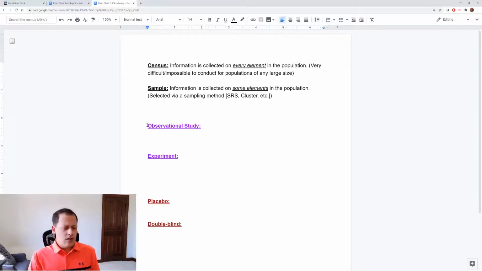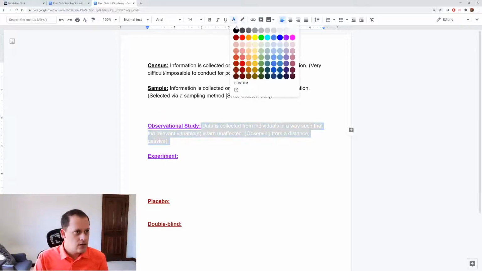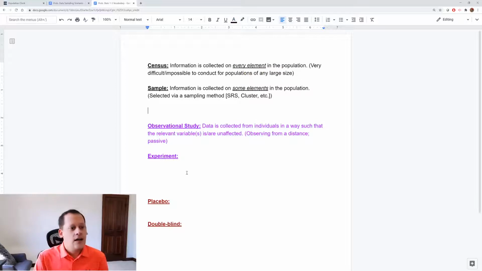Next two terms here are observational study versus experiment. So an observational study is where data is collected from individuals in a way such that the relevant variables are unaffected. So this might be something like we take a bunch of overweight people.